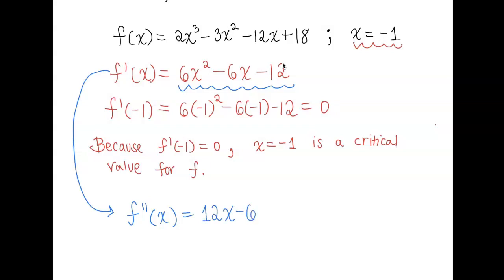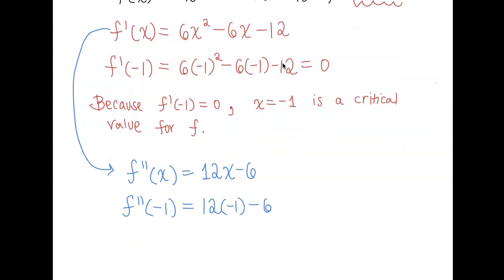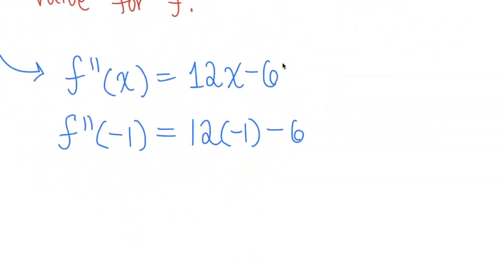And what we're going to do is plug in that x equals negative 1 into the second derivative, and we will look at the sign of this. I'm doing 12 times negative 1 minus 6. When I plug in that critical value into the second derivative, I get negative 18, which is a negative number.